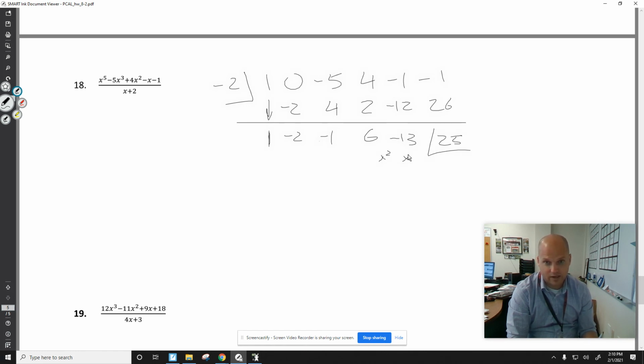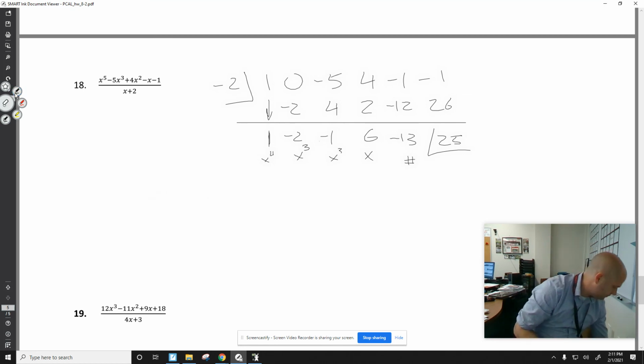These are your x's, your x squared, your x cubed, your x to the fourths, fifth, fourth, third, second, first number. Whoops, my bad. These are your numbers. These are your x's. These are your x squareds. These are your x cubed. These are your x to the fourths. So the answer is x to the fourth minus 2x cubed minus 1x squared.